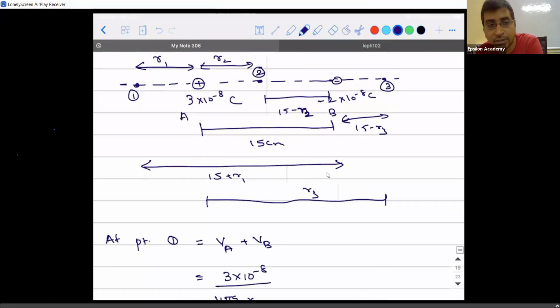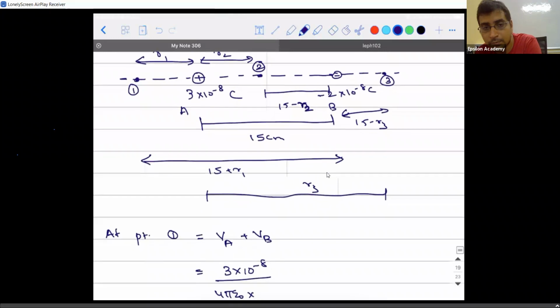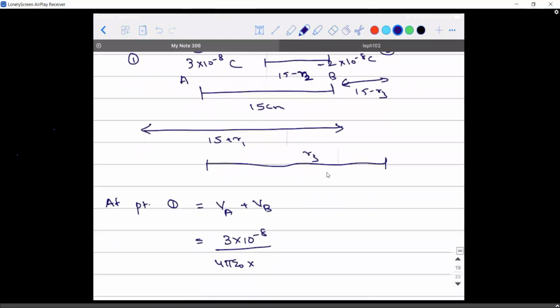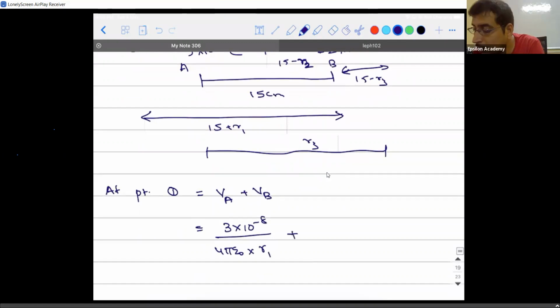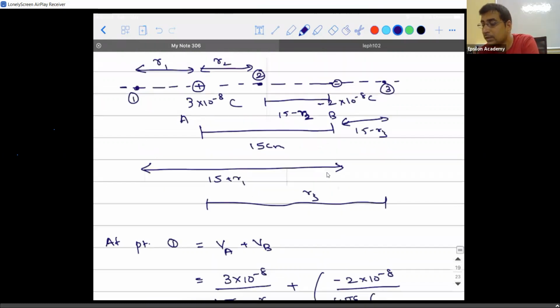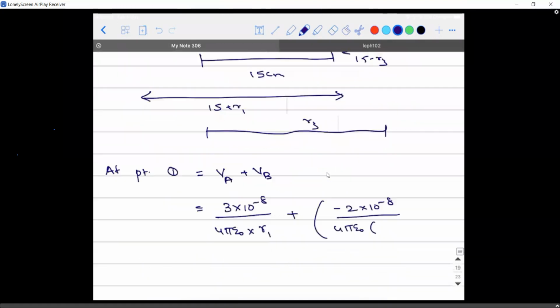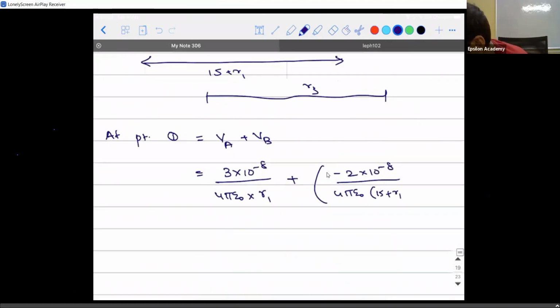From 3 into 10 power minus 8 to the first point. R1. Plus, what is the potential due to the second charge? It is minus 2 into 10 power minus 8 divided by 4 pi epsilon naught into 15 plus R1. This should be equal to 0.